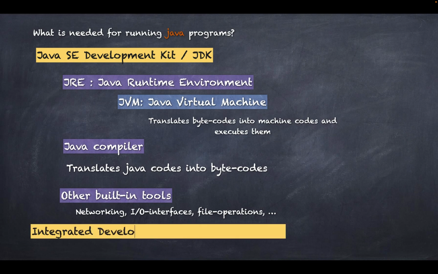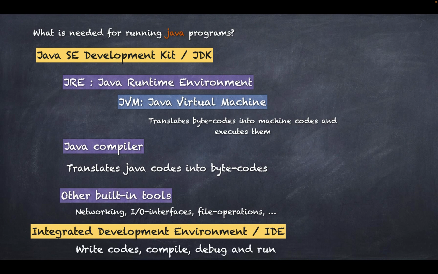But how can we write Java code efficiently? One option is to use an IDE. IDE is Integrated Development Environment. And what does it mean? It means that you can write code, compile, debug and run code in one environment.